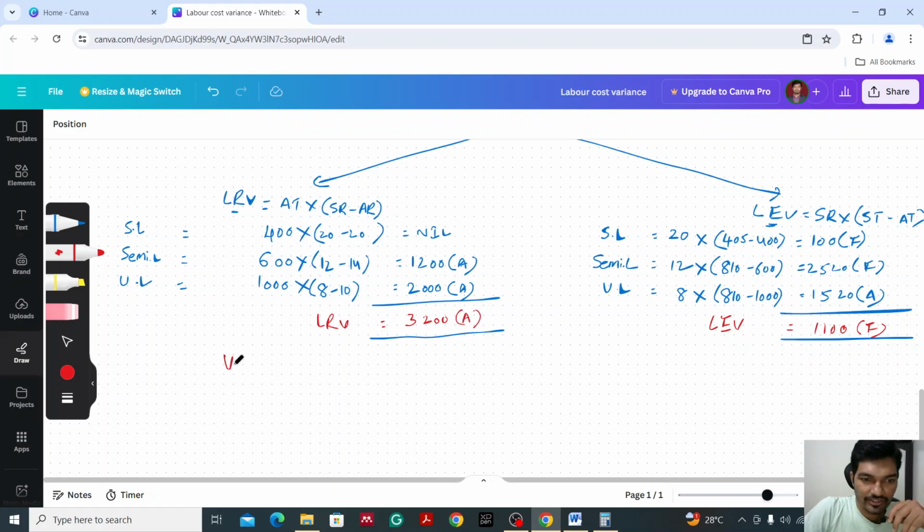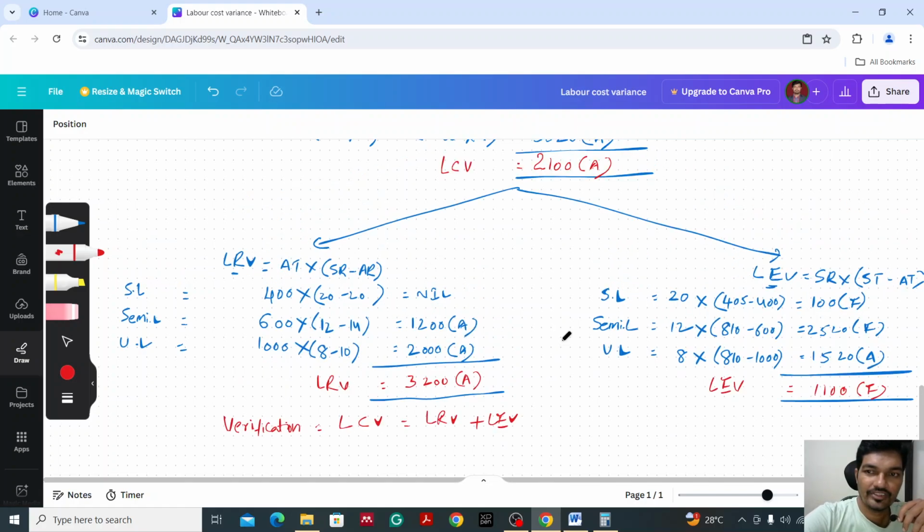So there is a verification you need to do here. The verification can be done: LCV is equal to LRV plus LEV.